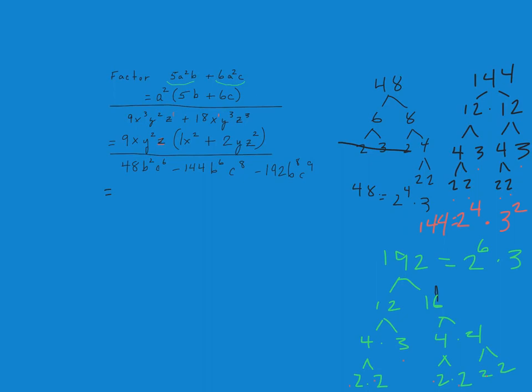So we could write this out as 2 to the 4th times 3, b squared c to the 6th minus 2 to the 4th times 3 squared b to the 6th c to the 8th minus, we know what 192 is now. 192 is 2 to the 6th times 3, b to the 8th, c to the 9th.